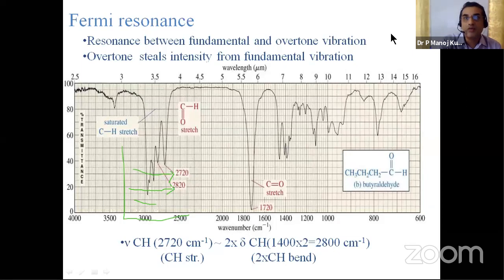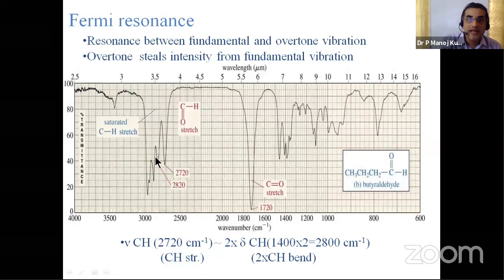So because of that, what is going to happen over here? I already said before that an overtone will usually be a very feeble peak. Actually, this peak, what you are seeing, corresponds to the overtone.